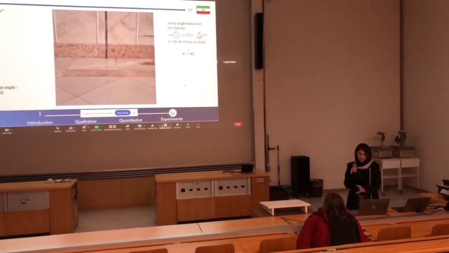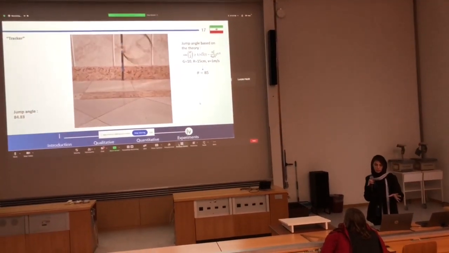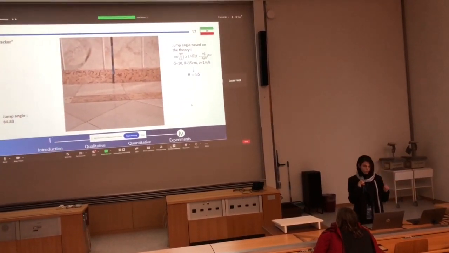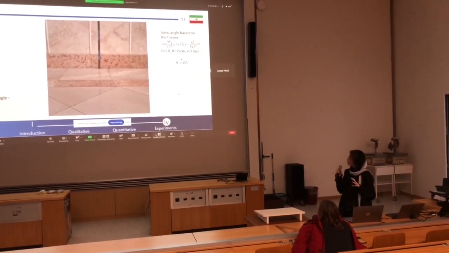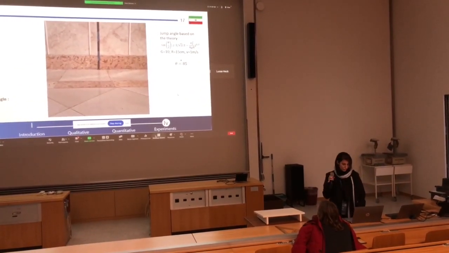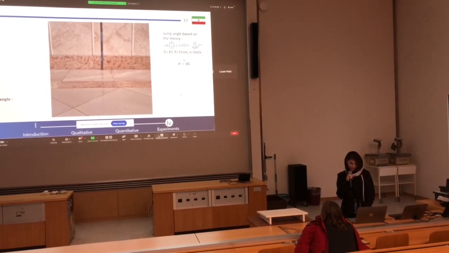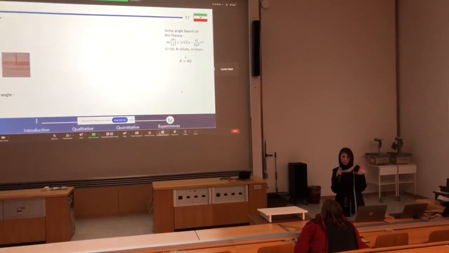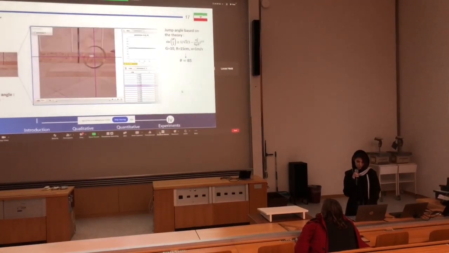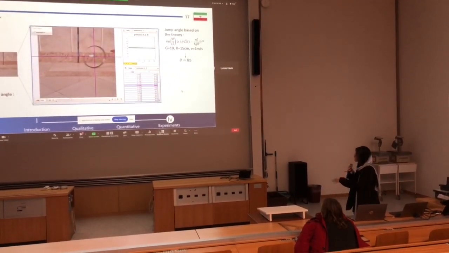Now, to see if our theory matches the experiment, this is the jump angle for the metal hoop, which is calculated with Tracker: 84.83 degrees. And if we use the equation we have in the theoretical framework, we can see theta will be equal to 85.